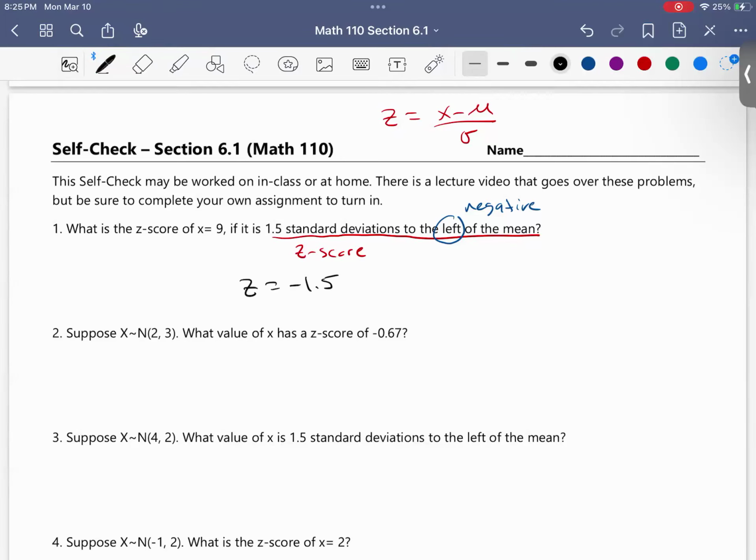Okay, let's go ahead and look at number two. So suppose we have a normal distribution with a mean of 2 and a standard deviation of 3. So what value of x has a z-score of negative 0.67? So we want to find x.